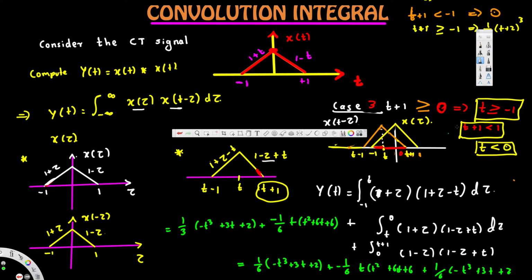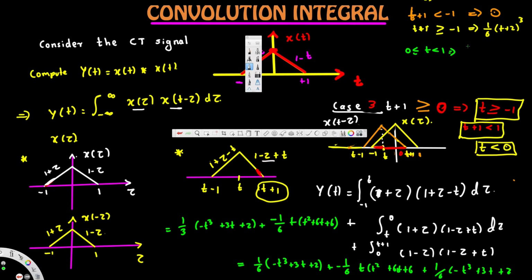So this is what we are going to have when the region is between 0 and 1. Let's write this one as 0 to 1. In that way we will have this expression. Let's write this expression also.